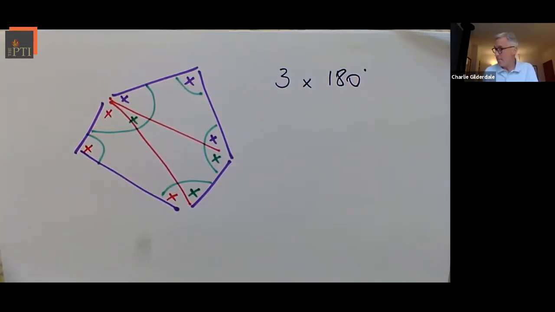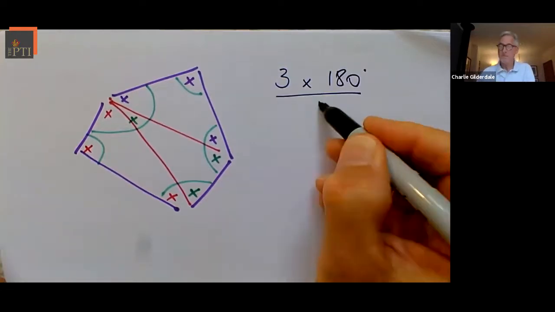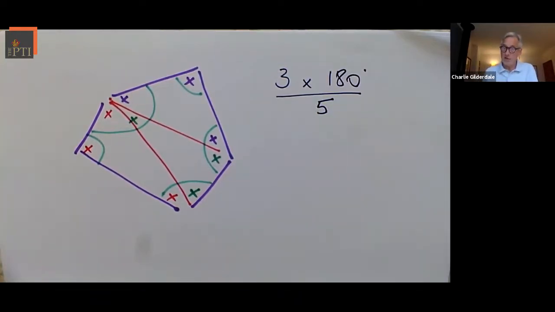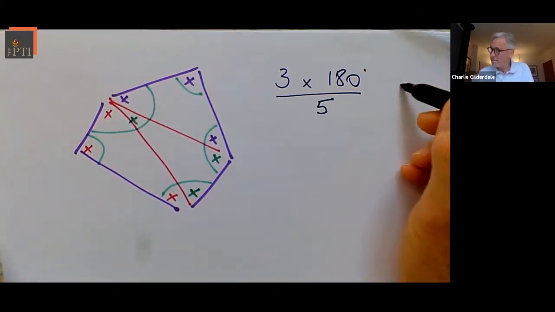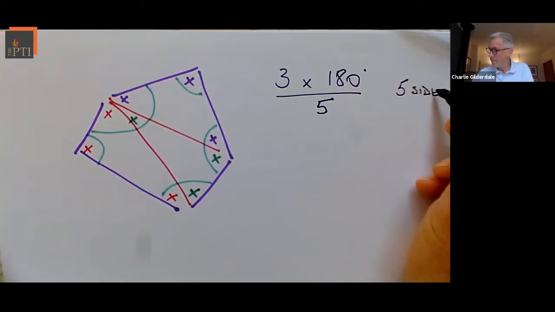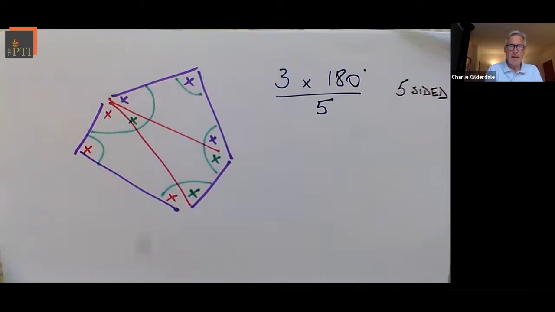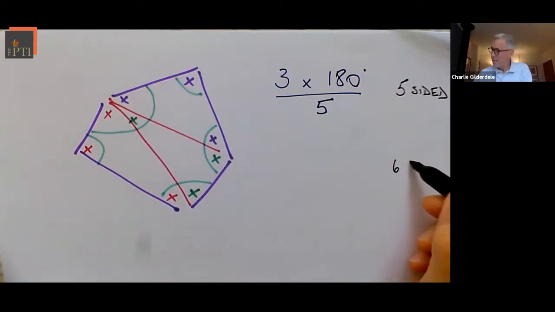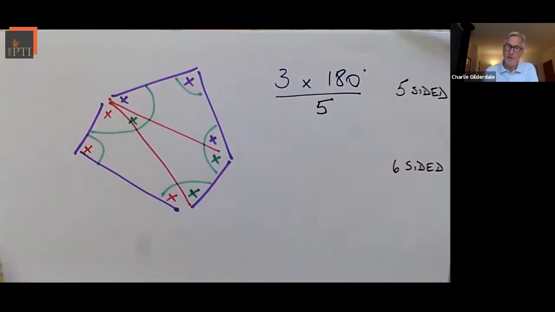And if the polygon was a regular pentagon, I would then divide the sum by 5 to work out what each angle comes to. And so this is for a 5-sided polygon. If I had a 6-sided polygon, then I would have drawn 3 lines rather than 2 lines.